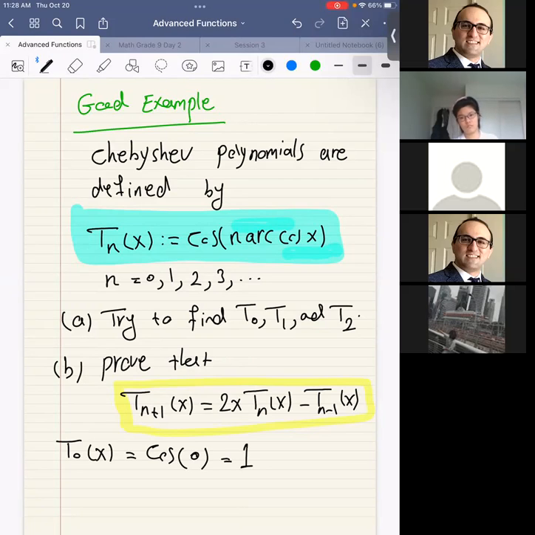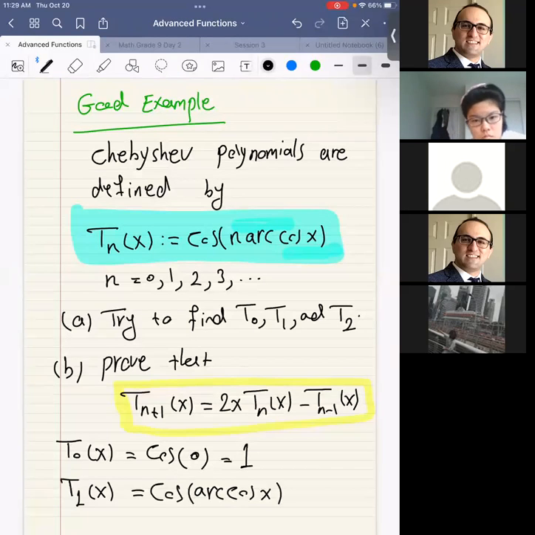Now you tell me, what is T1? T1 of x is cosine of, when n is 1, you just have arc cosine of x. So what is cosine of arc cosine of x? Cosine x itself.